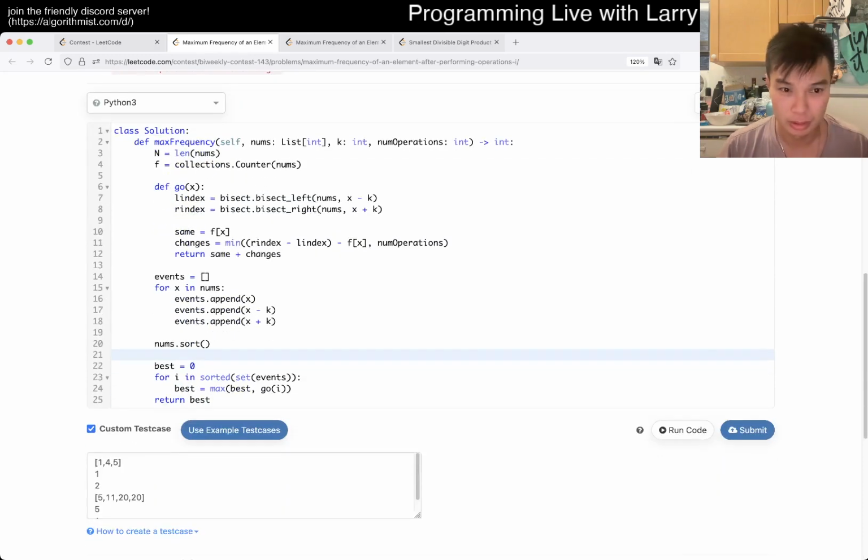This is right. I want to say this is right. It's a freebie, I think.